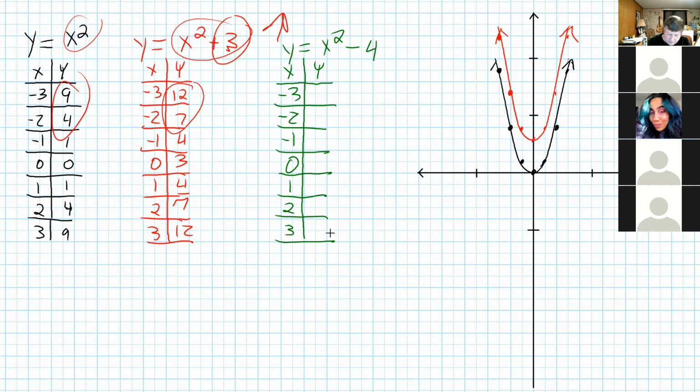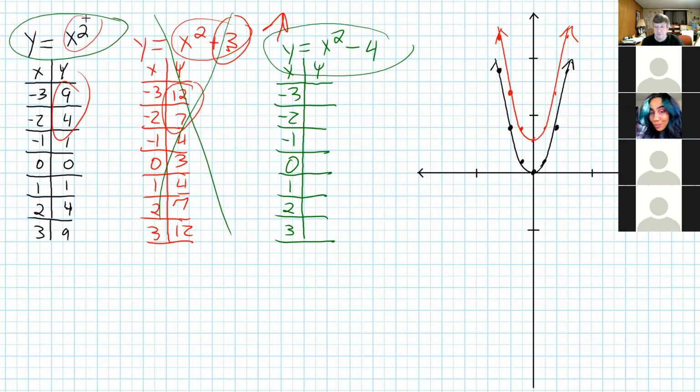All right. Now, I want to just cross this one out because I don't want us to be looking at that one. How does this compare to that? It's 4 lower. On the black one, what would the y values look like compared to these?